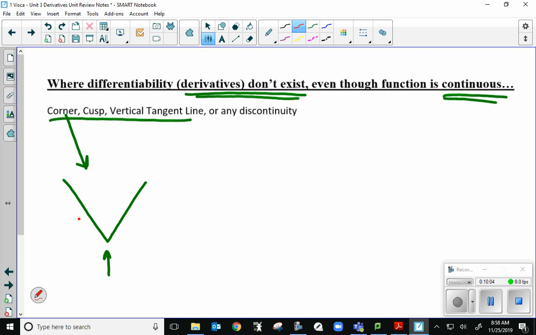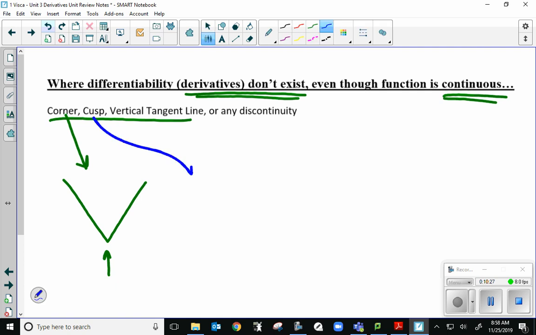The derivative as I approach this corner this way is negative, obviously. It's not the same as I approach this way, which is positive. So therefore, the derivative isn't the same from both sides, so I can't take the derivative of a corner. But it's continuous, right? I can draw that without picking up my pencil.